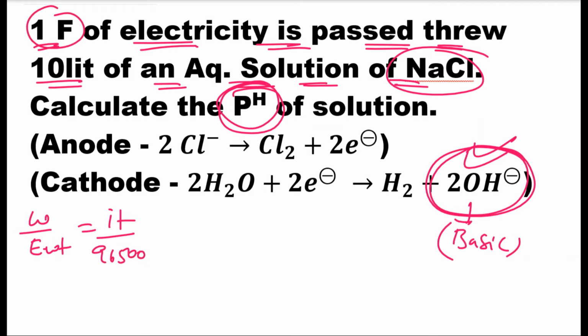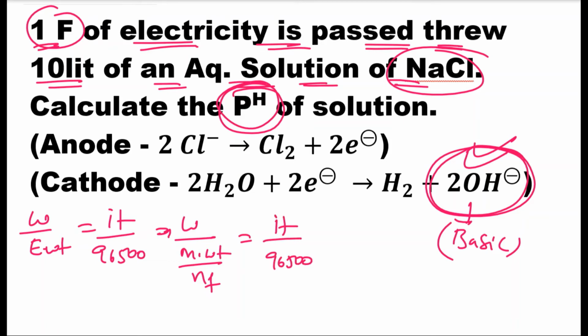Or else W by equivalent weight, meaning molecular weight by n factor, is equal to I T by 96,500.